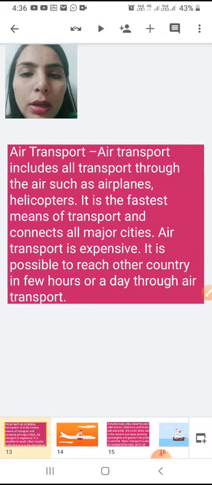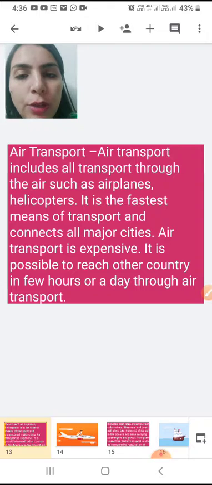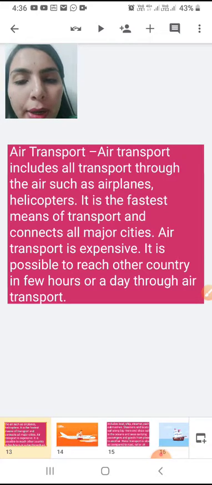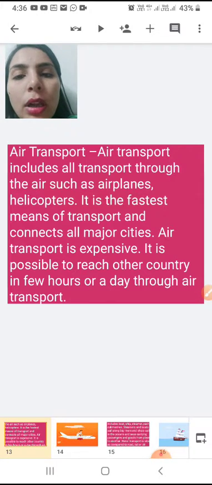And if we want to go to another city, airplanes go through the clouds, they travel in the topmost layer of the sky, but helicopters travel in the lowermost layer of the sky.